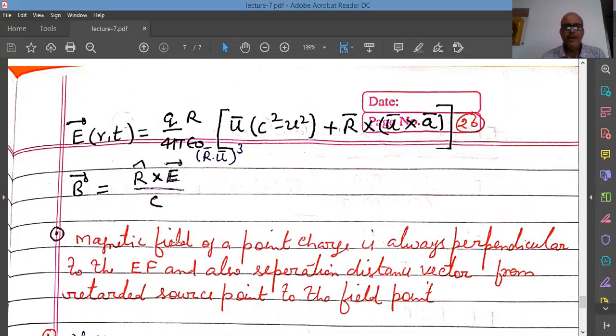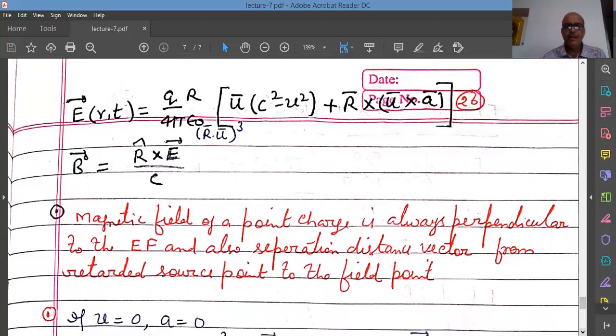So the magnetic field of a point charge is always perpendicular to the electric field, not only perpendicular to the electric field, but also perpendicular to the separation vector from the retarded point source to the field point, and that is given by r.